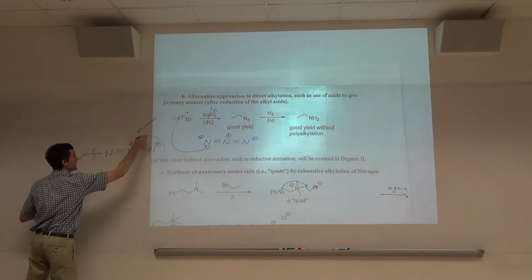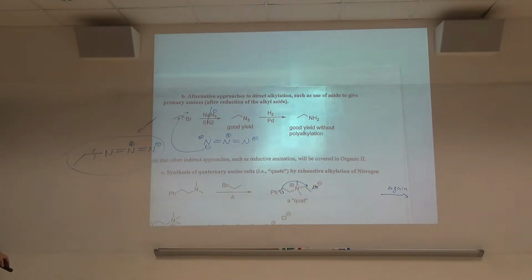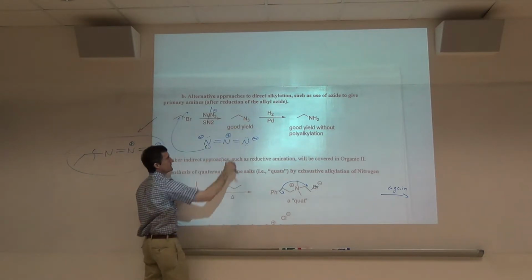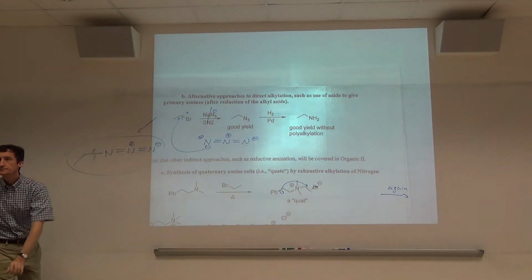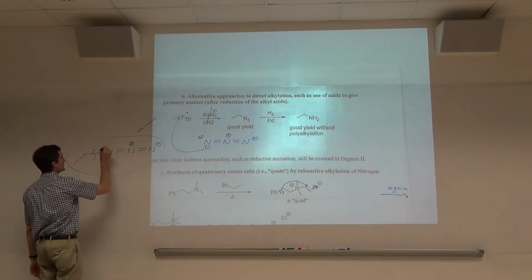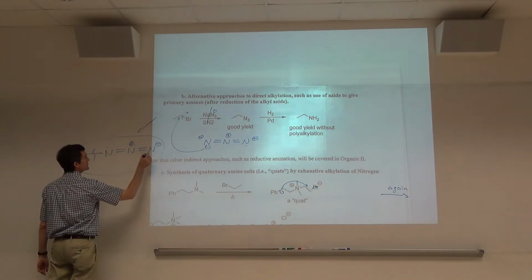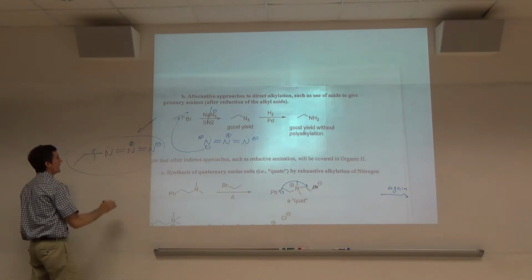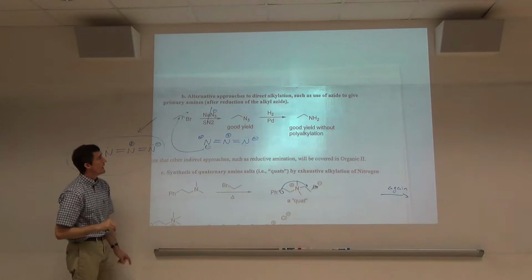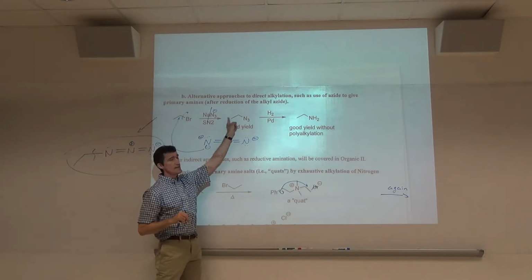And now the whole thing has what charge? Neutral. It's an ethyl with an N3. There's a lone pair there and 2 here. The other lone pair is now bonding to the carbon. Here we go. This is an alkyl azide.